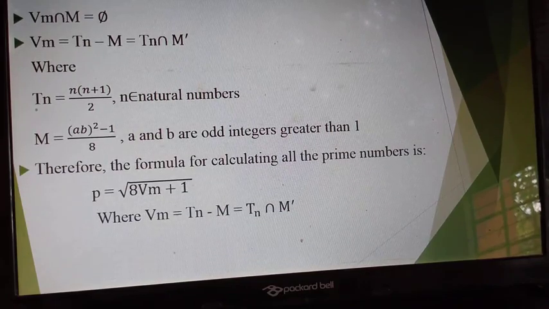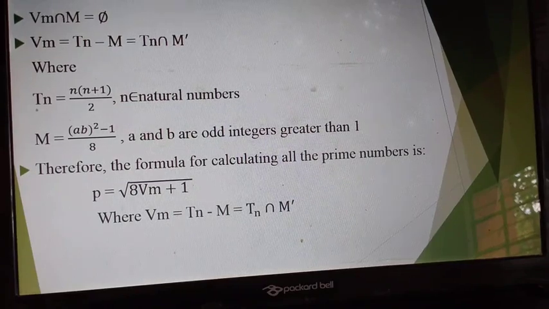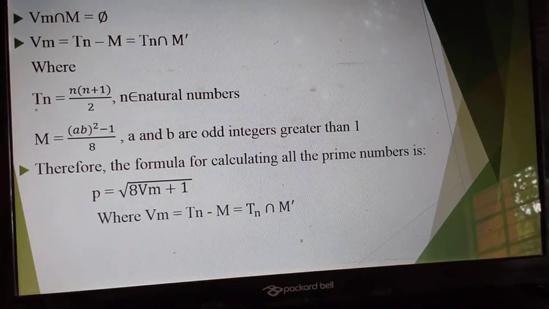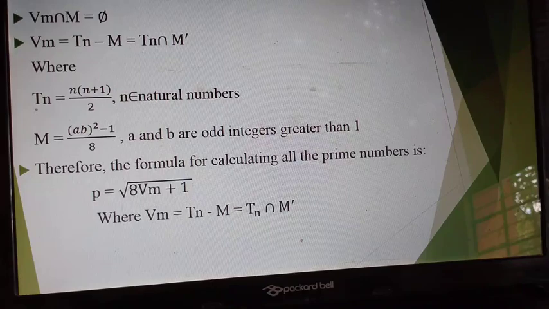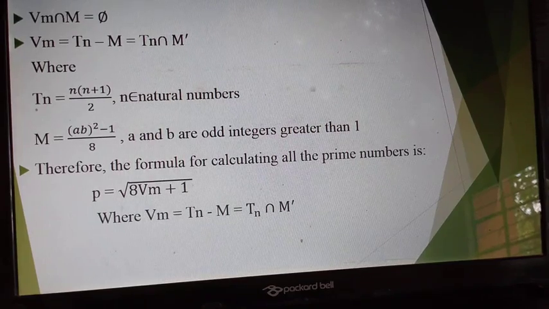Therefore, the formula for calculating all prime numbers is, so prime numbers, P, is equal to the square root of 8 times special triangular numbers Vm plus 1, where Vm is equal to triangular numbers minus non-special triangular numbers, which is equivalent to triangular numbers intersection non-special triangular numbers complement.